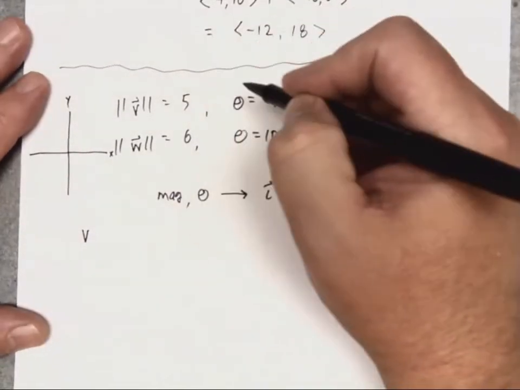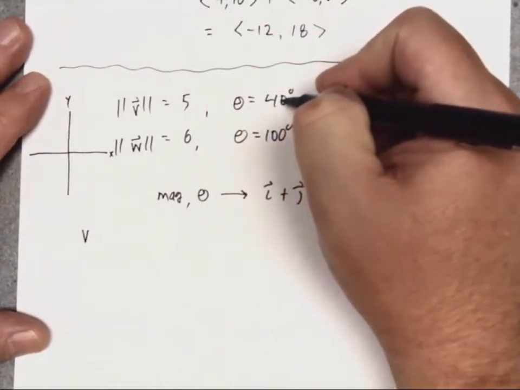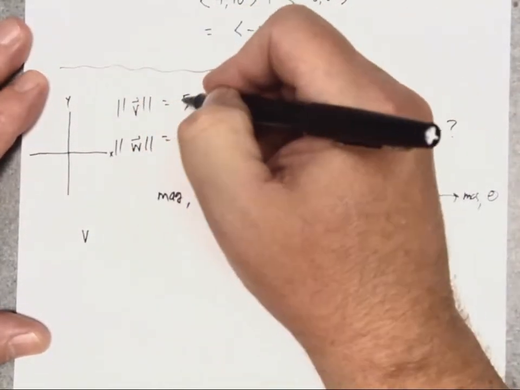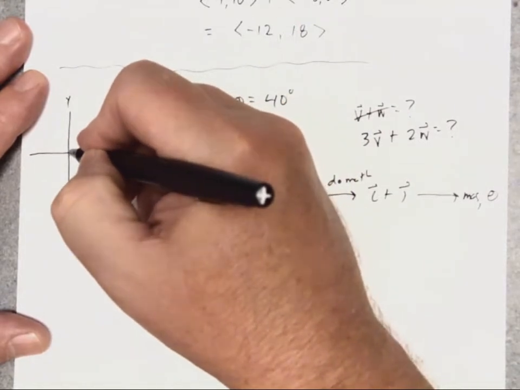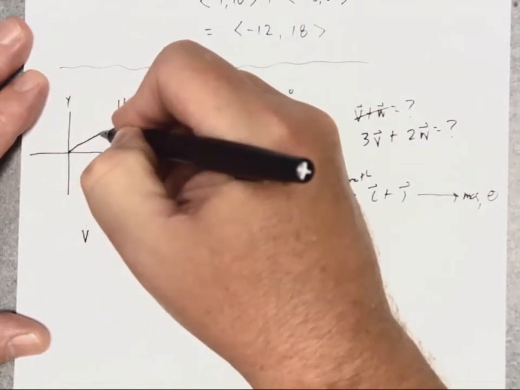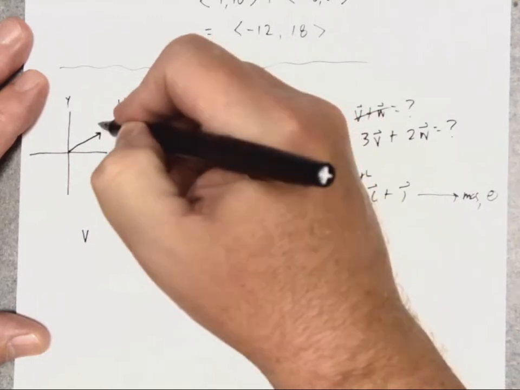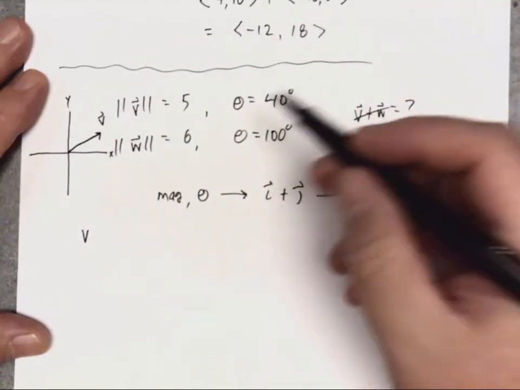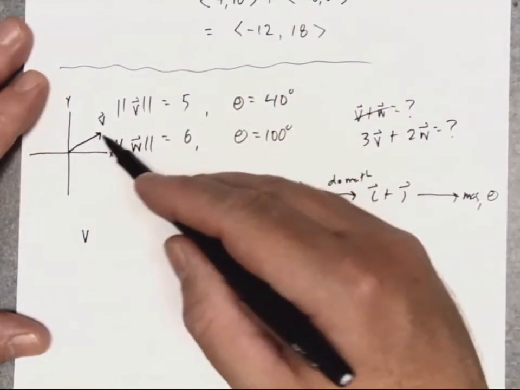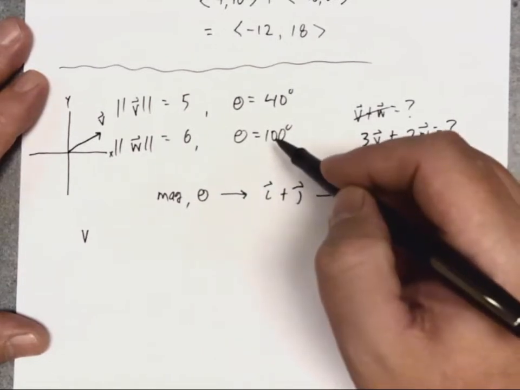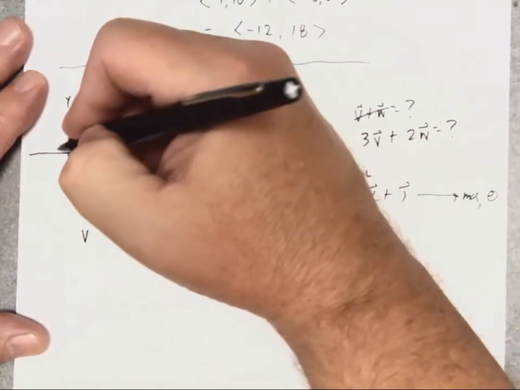For instance, this vector v is 40 degrees with a magnitude of 5, so 40 degrees maybe is right here. So there's vector v. Vector w is a little bit longer because it's 6, but it has an angle of 100, which is a little past 90.